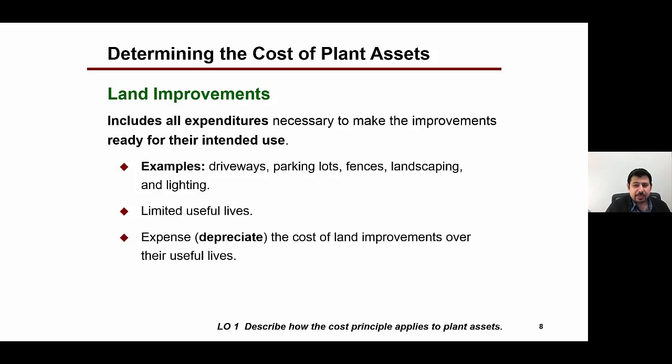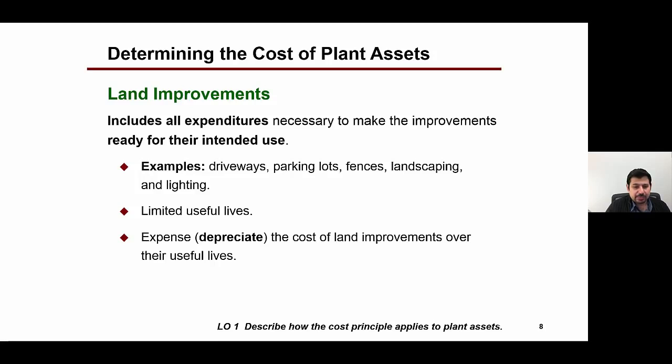Another kind of plant assets is land improvements. This will include, for example, not cleaning up the land itself. Let's say that the company purchased a land in order to turn it into a parking lot.